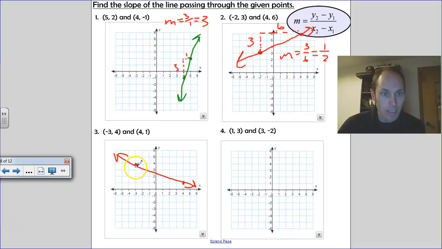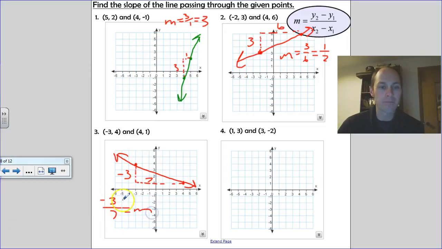So this one's not rising, it's dropping, but we still refer to that as its rise. So I'm going from 4 down to a height of 1, so that's -3. And then we always look to go left to right, so from -3 all the way over to 4 is a distance of 7. So -3/7 would be the slope there.